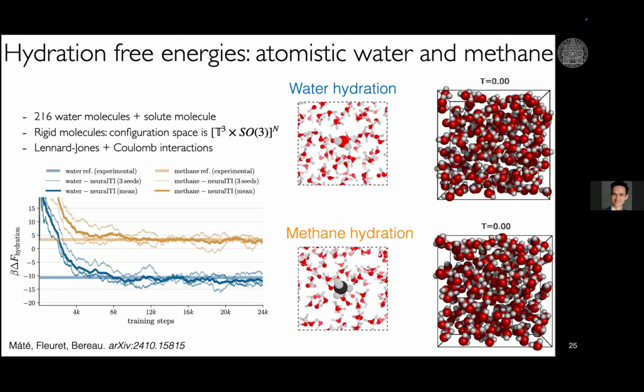The other aspects go a little bit more into chemistry. Of course we like to work with molecules, and the big difference between what I've shown you so far and molecules is that there are intramolecular interactions. Here I'm showing you results for water and methane that we solvate in water. So here this is a water molecule in a liquid of water, and here this is a methane molecule again in water.